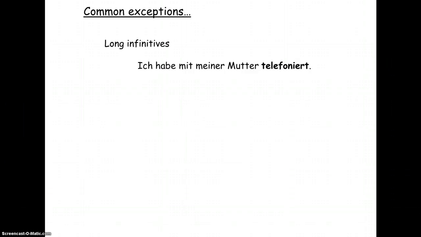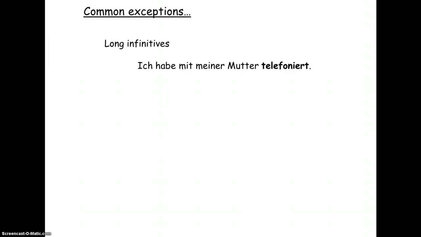And just quickly, there are a few exceptions to what I've said so far, and the most common are long infinitives that aren't on the strong verb list. So, ich habe mit meiner Mutter telefoniert.